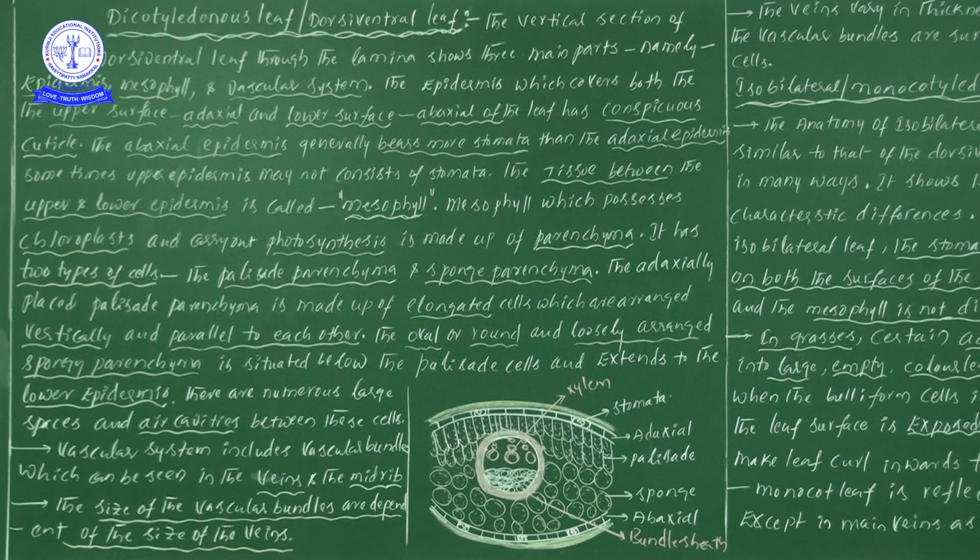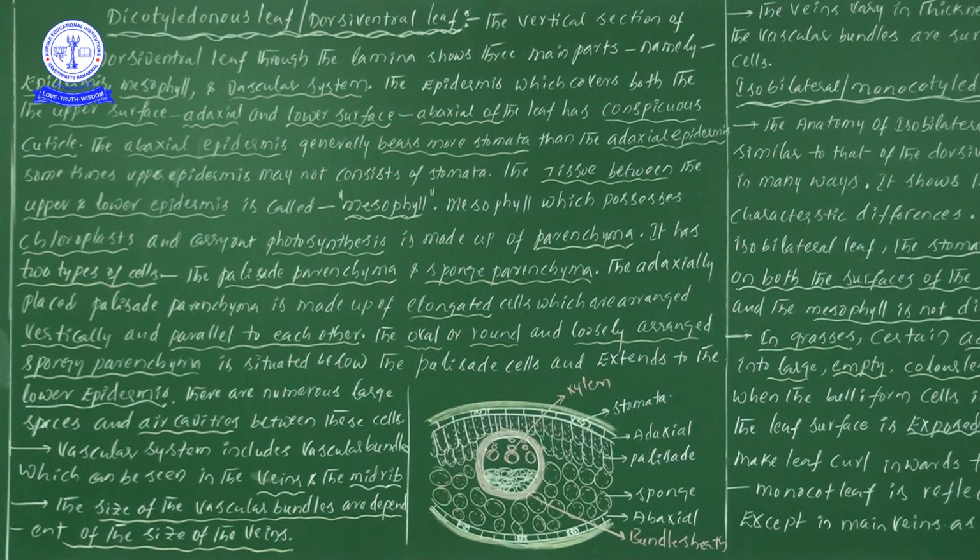Do you remember? Now the vascular system includes vascular bundles, which can be seen in the veins and midrib. If you take a dicot leaf, the midrib is there, and it is later subdivided and arranged in a network-like arrangement. That network-like arrangement we call reticulate venation.